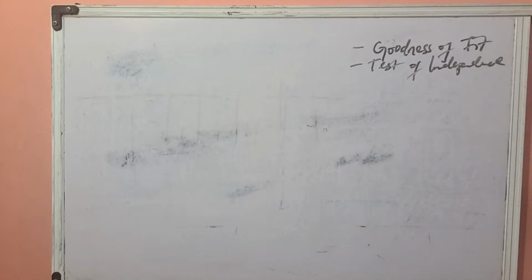Now, I believe you guys should have really understood goodness of fit. I told you guys that just as the phrase implies, how good does what you observed actually fit what you were expecting. So on that goodness of fit, you had an expectation, all right? And then you went on to carry out an observation.